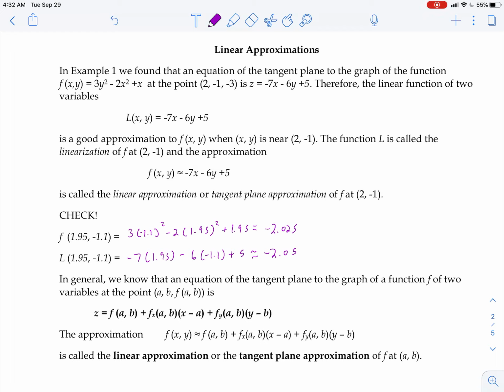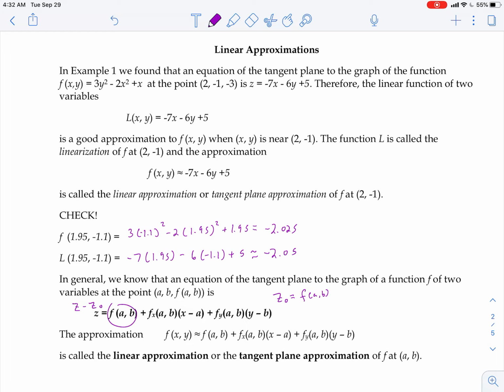And so, in general, we know that an equation of the tangent plane to the graph of a function f of two variables at the point (a, b, f(a, b)) is this. Here's our linearization, here's the equation of a tangent plane. But instead of saying z minus z sub 0, we know that z sub 0 is just whatever function we have plugging in a, b.